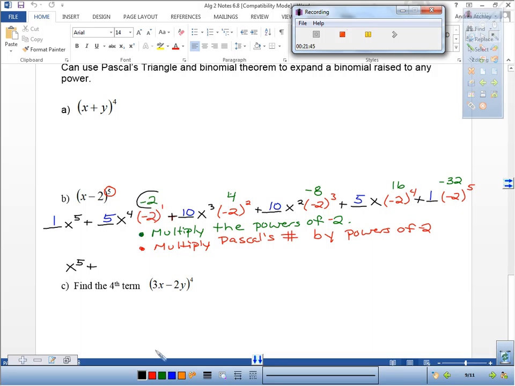Now I'm going to take that negative 2. I'm going to multiply it by the 5 to get negative 10. So this will be negative 10, and then x to the 4th. Okay, then we're going to take the 4 times the 10 and get plus 40, and then x cubed.